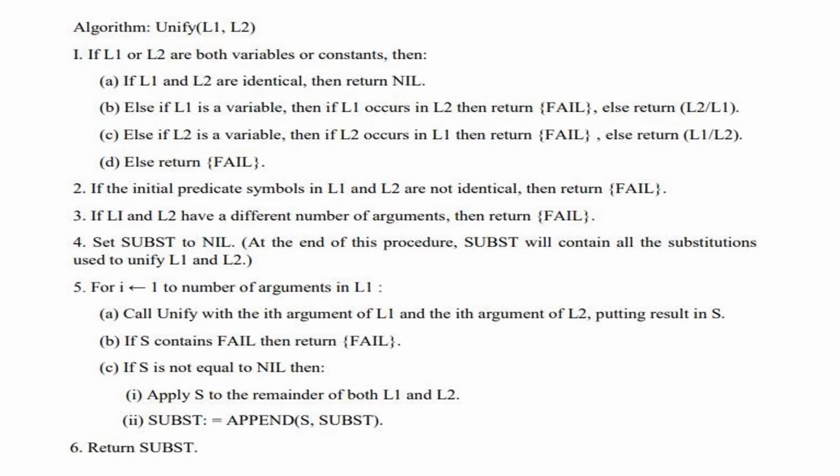Here we will see the algorithm of unification. We are considering two variables or constants, L1 and L2. If L1 and L2 are identical, then it will return nil, meaning no substitution is required. Else, if L1 is a variable and L1 occurs inside L2, then it fails.